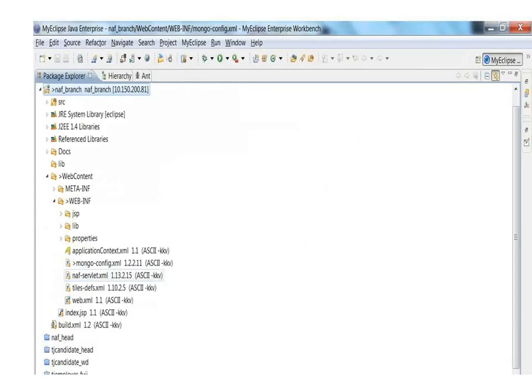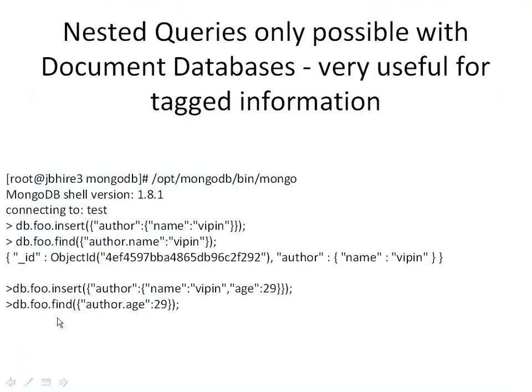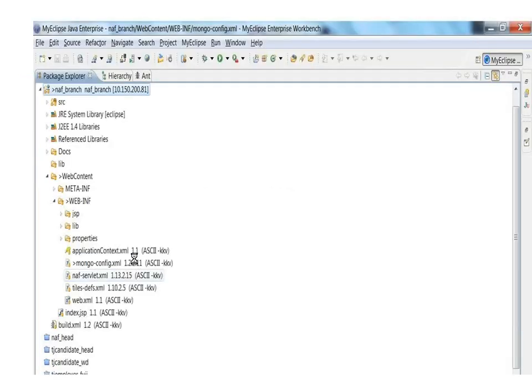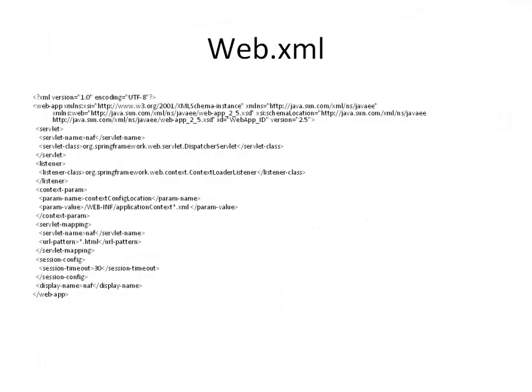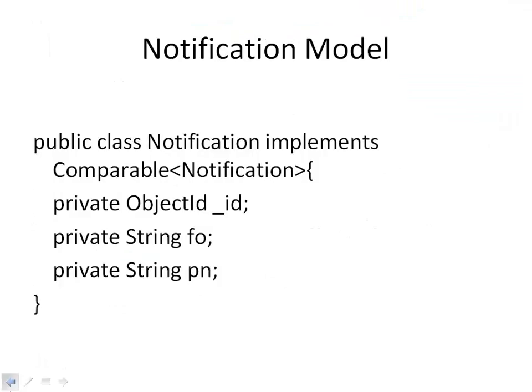Like here, when we do db.foo.insert, that entry is inserted with an ID. This is the primary key that is being generated. Now FO and PN are my two other attributes.